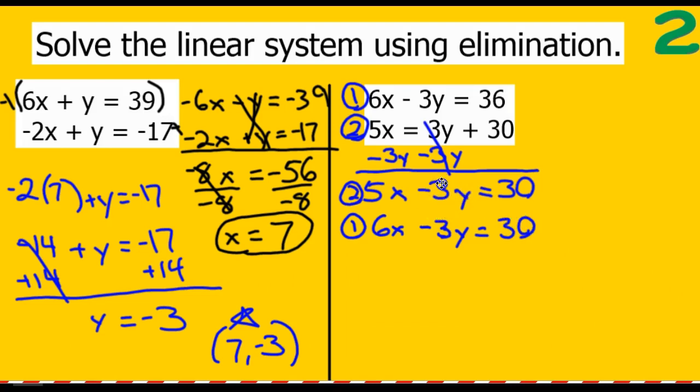Now I have two negatives, so one of these needs to be multiplied by a negative 1. If we multiply them by a negative 1, we get negative 5x plus 3y equals a negative 30.